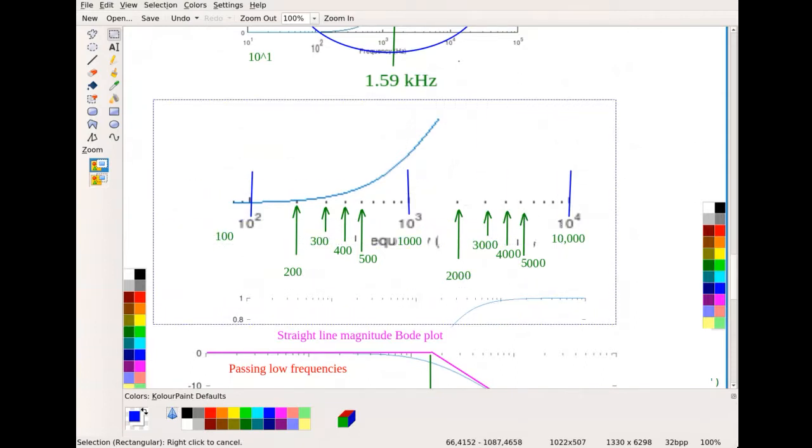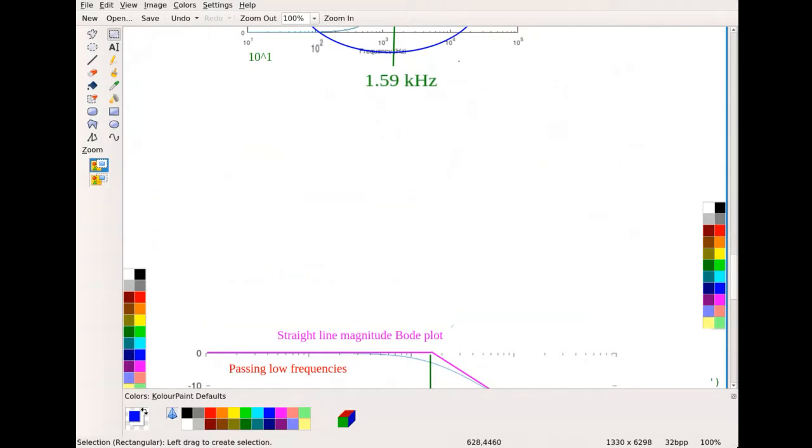If we were to build a circuit like this, here's my input, and then I had my capacitor here, which was a 0.1 microfarad, and then a resistor here, which was 1K.